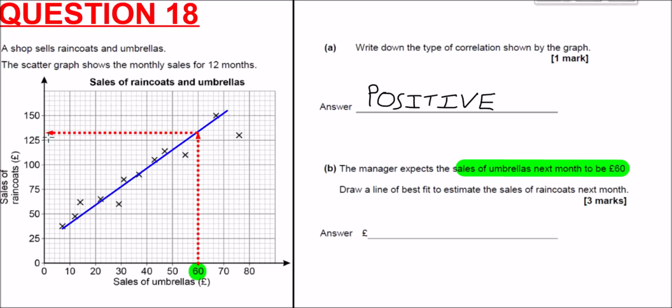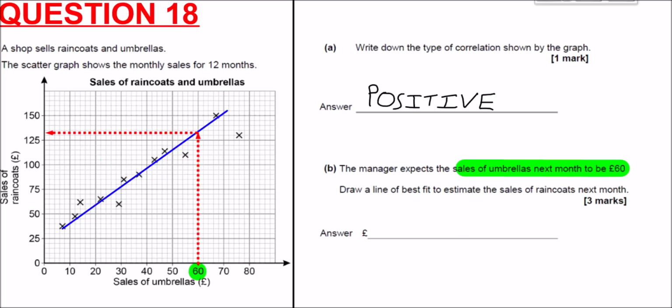Each little square is worth 5. So that's 130. That's 135. You could even put 132 if you wanted to. So I think if you put somewhere between 130 and 135, somewhere in that region, you should be getting your mark. So I'm going to put about 132, I think.